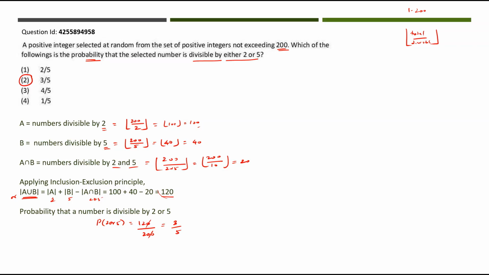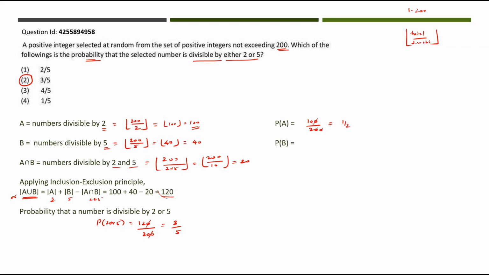If you are not fine with this particular way, if you think that a probability question has to be addressed with probability alone, we will go with this way. What is probability of A? We know there are 100 numbers that are divisible by 2. So 100 divided by 200, this will give a probability of 1 by 2.